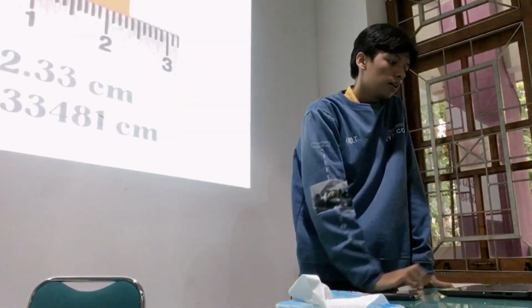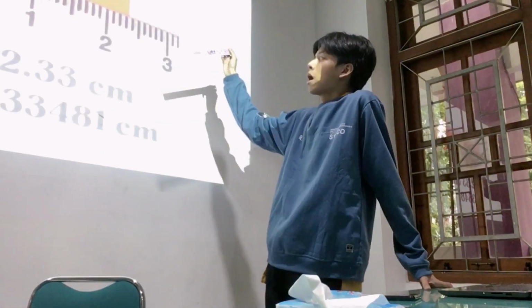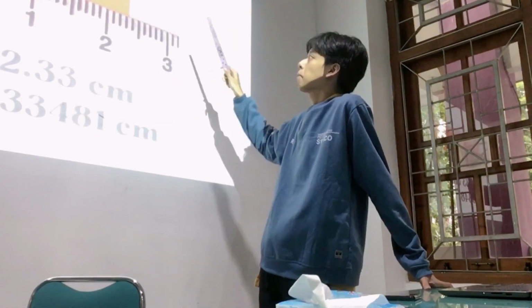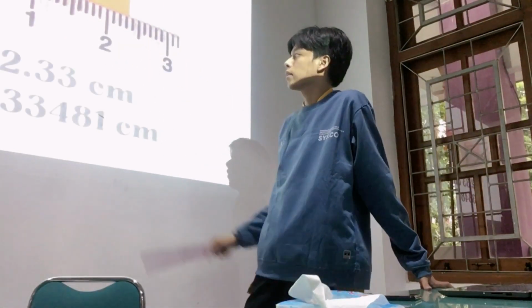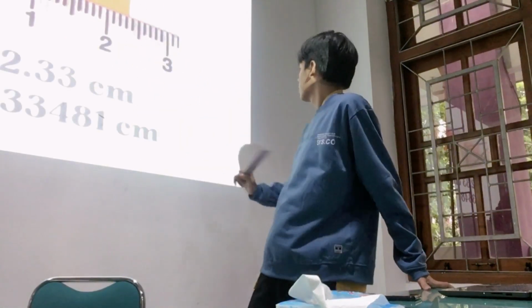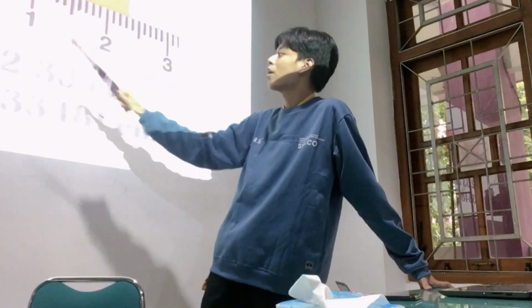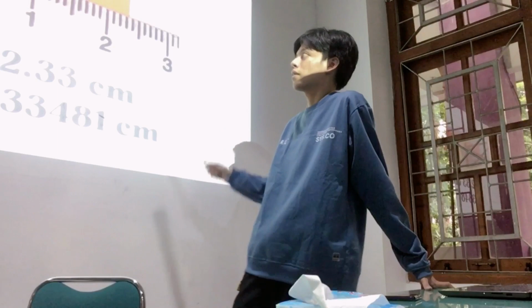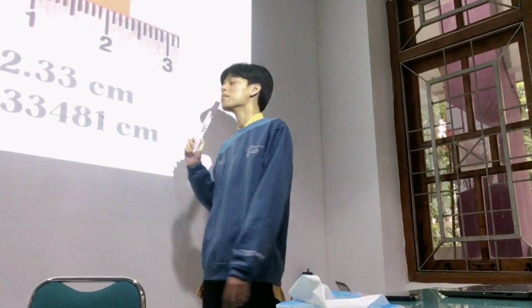Next, meanwhile, I have a ruler here. So if I want to measure the length of this red line, we can tell that it is 2.33 centimeters. But this is just a random example.